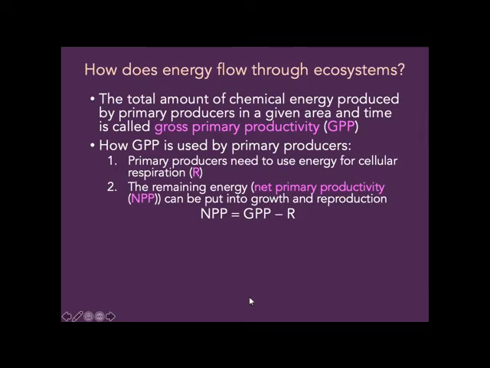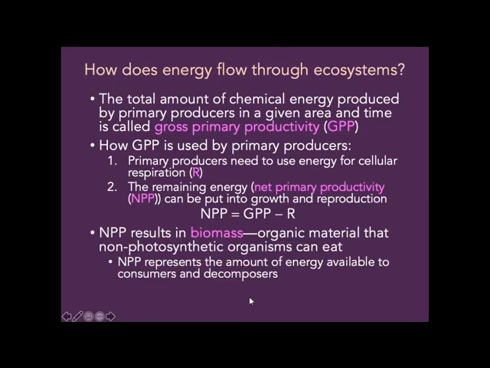Yeah. So gross is the total amount of productivity that the plants make, and then the net is the amount left over after the plants take away the amount of productivity that they need to be able to power themselves, okay? So net primary productivity is the gross primary productivity minus the amount of productivity the plants need in order to undergo cellular respiration.